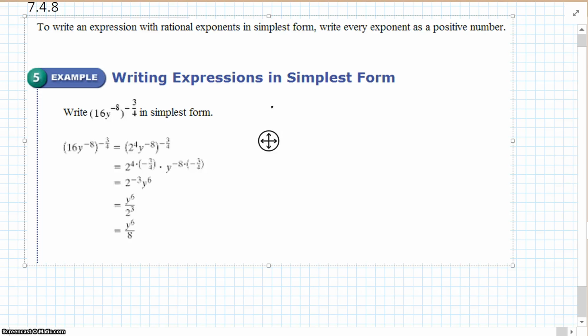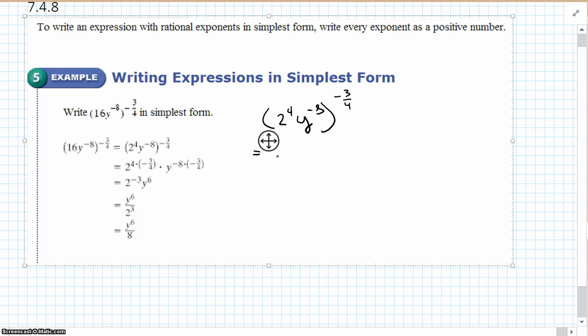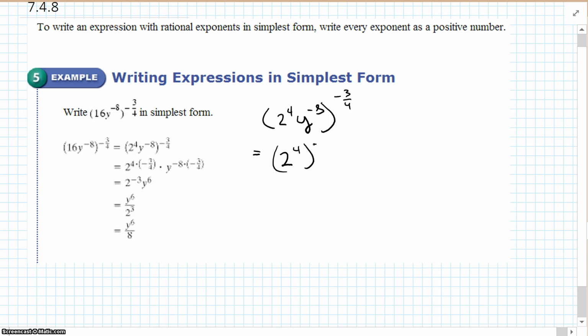So we're going to rewrite it as 2 to the 4th, y to the negative 8, to the negative 3/4 power. Then we're just going to distribute. So it's going to be 2 to the 4th to the negative 3/4 power times y to the negative 8 to the negative 3/4 power.